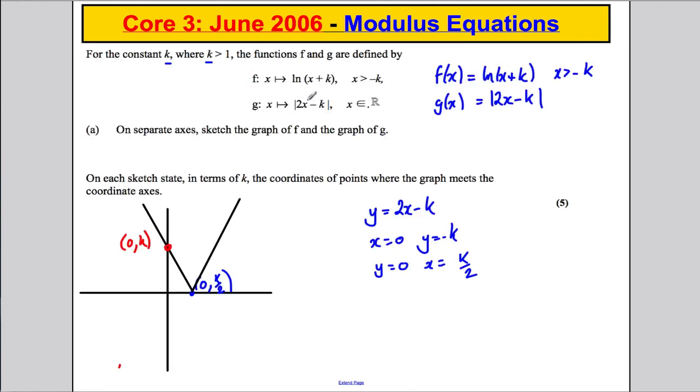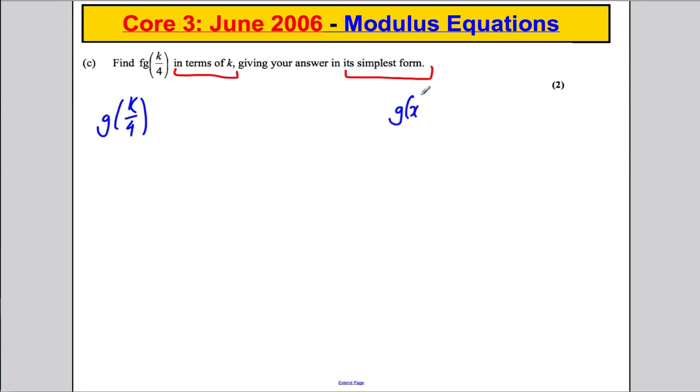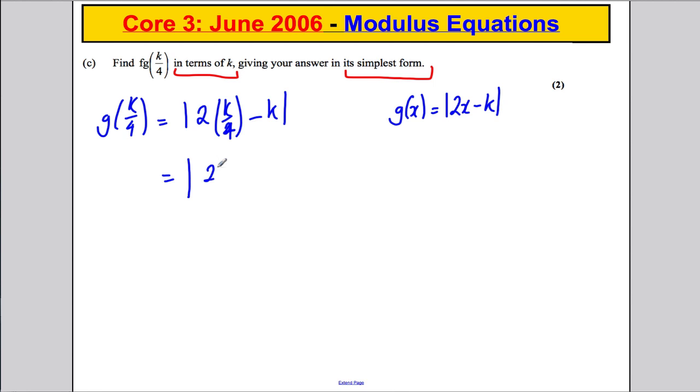G is mod 2x minus k, so g of k over 4 would be the modulus of 2k over 4 subtract k, which is the modulus of k over 2 subtract k, which is the modulus of negative k over 2.